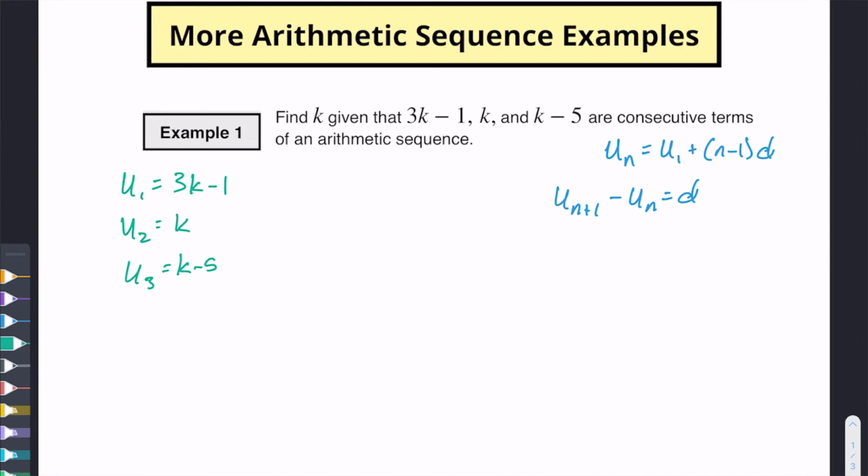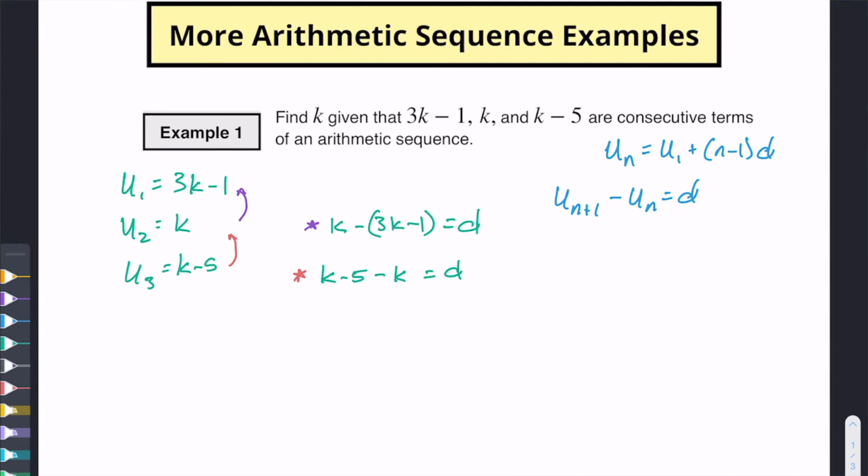If I know that k minus (3k minus 1), and I'm going to put parentheses around there because I don't want to drop any negative signs, that's going to equal a common difference. And I also know that k minus 5 minus k, this first one is going from here to here, k minus (3k minus 1), and this one is going from here to here. So that's also going to equal a common difference.